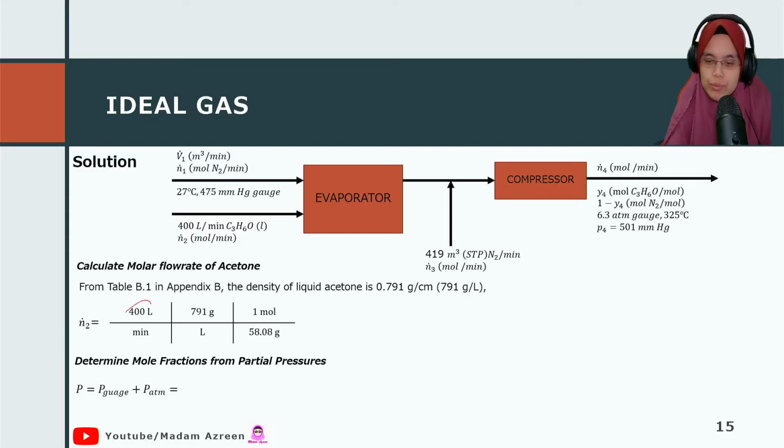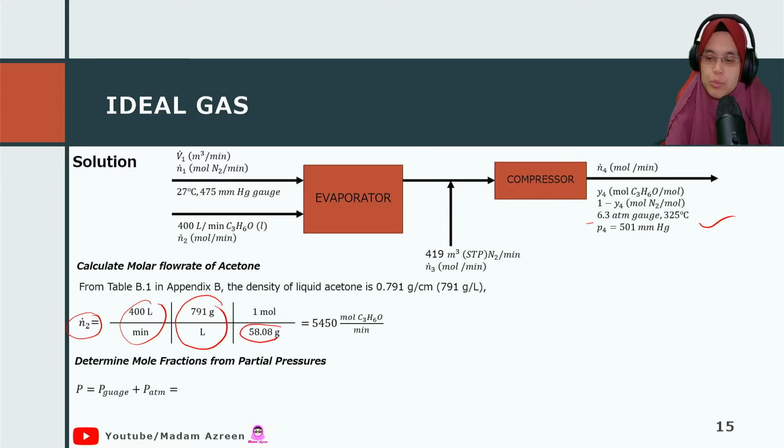Okay, so this volume times the specific gravity of the acetone, and then divided by the molecular weight of the acetone, you will get the mole flow rate of acetone going into the system.